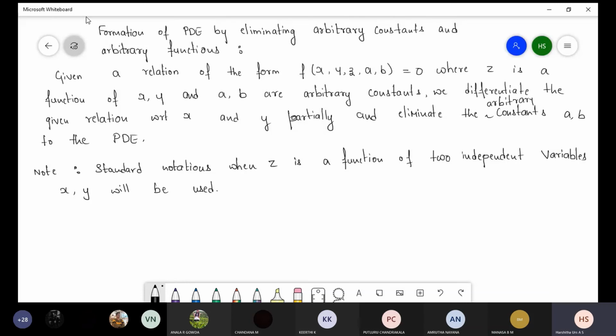Let us see the first one. You have to memorize these notations, because throughout we will use the same notation.